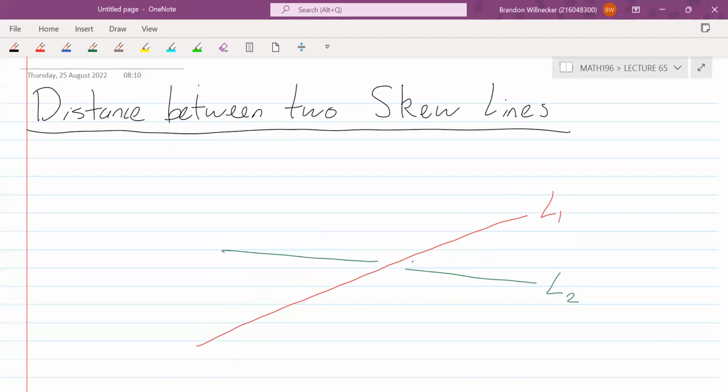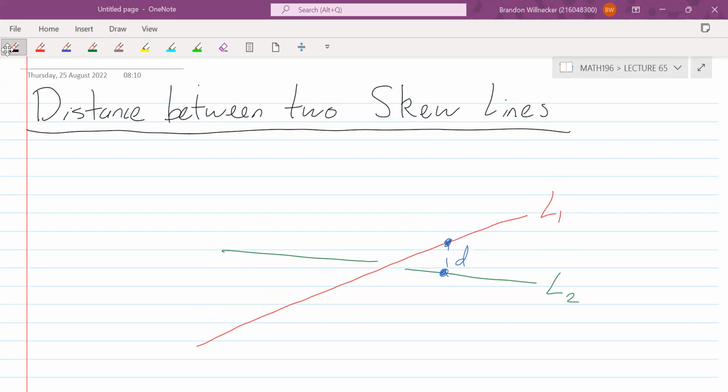So we want to find the shortest distance between them. So maybe it's something like this. We've got a point here and a point here, and this vertical distance between them, D, that's going to be the shortest distance between them. Okay, so I won't go through the whole derivation now.